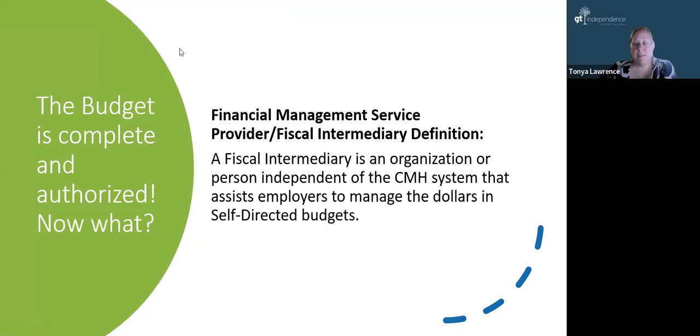Sure. I can pipe in here and give a little bit of a disclaimer: we often have employers or caregivers coming to us and asking us questions in this arena, and it really truly is the CMH system that needs to develop that and make sure the participant knows that all of those things have to happen at the CMH level or at the agency level before they get to the FMS.